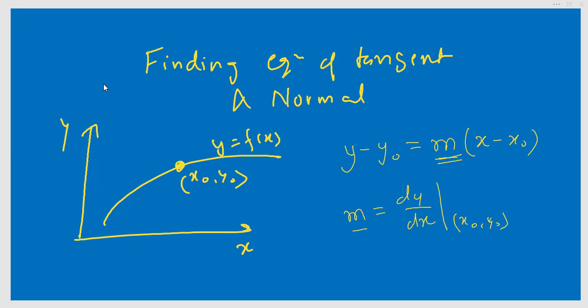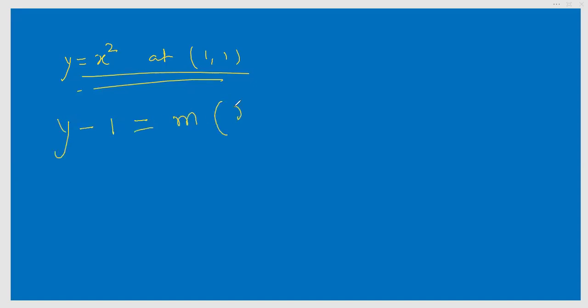For example, let's say the question says: find the equation of tangent to the curve y is equal to x squared at point (1, 1). We know that we will write y minus 1 equals m times x minus 1. But what is m? m is the slope, that is the gradient. For this, we differentiate y and plug in the value x is equal to 1.